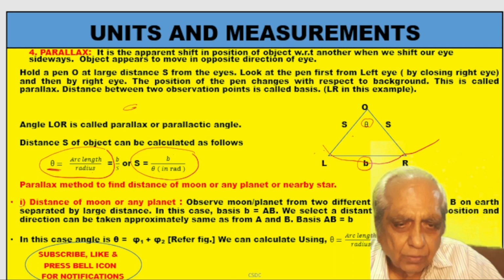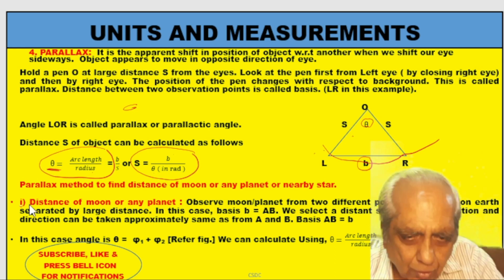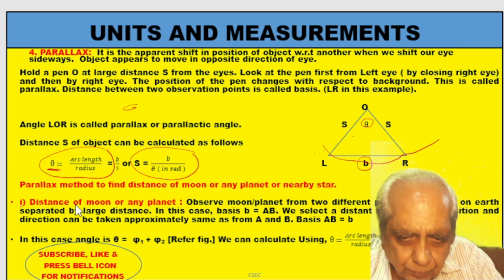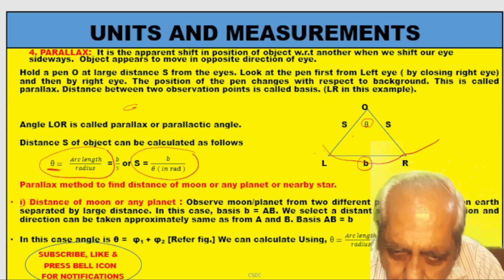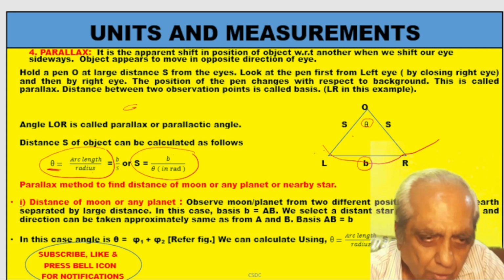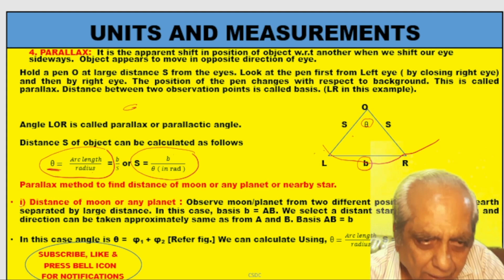Now we will apply this to find the distance of the moon or any planet. Let us try to see how we can use the principle that I have explained right now. For that I will first show you in the diagram.